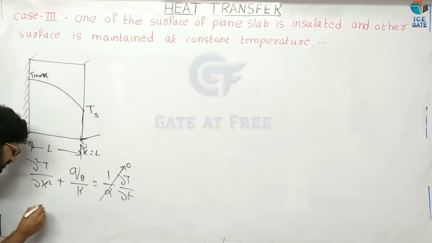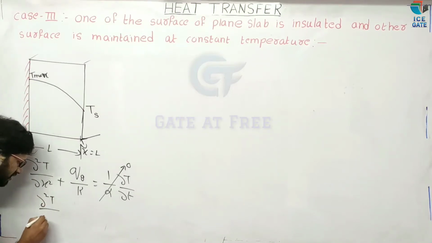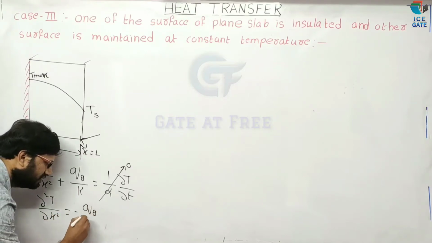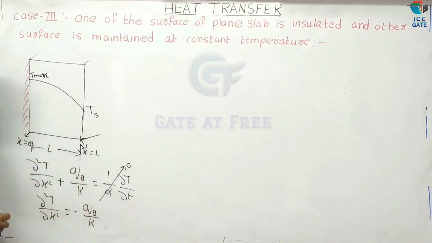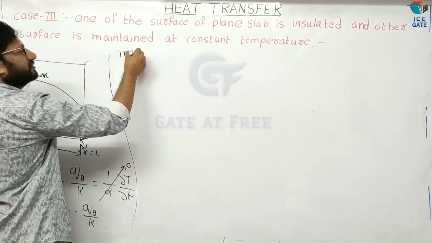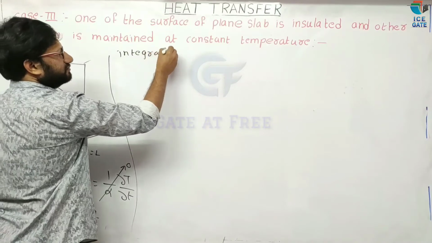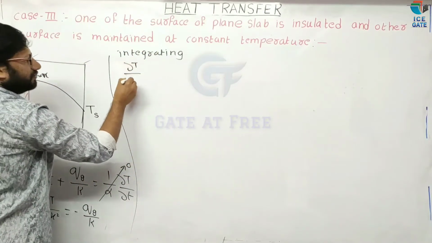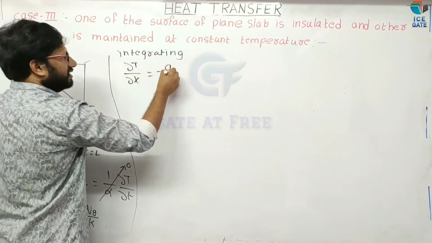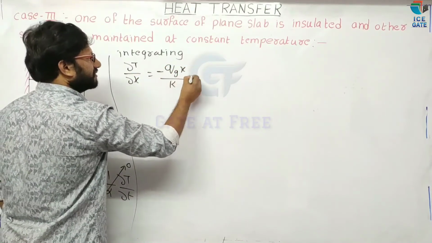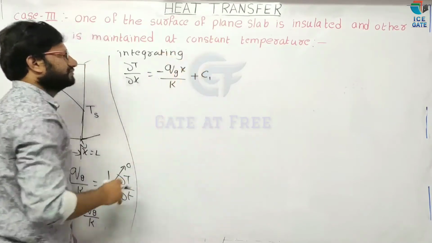Therefore, the equation will be ∂²T/∂x² is equal to minus qg/k. Now integrating on both sides, ∂T/∂x is equal to minus qg x/k plus C1.